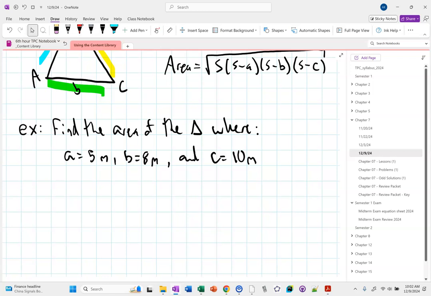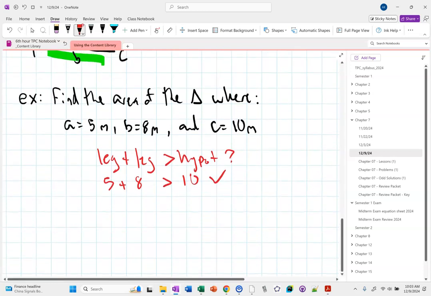I have to check to see if any triangle is possible. So is leg plus leg greater than the hypotenuse? 5 plus 8 is greater than 10. Yes, it is. So we do have a valid triangle. How did I know that 10 was the hypotenuse? It's the biggest one.